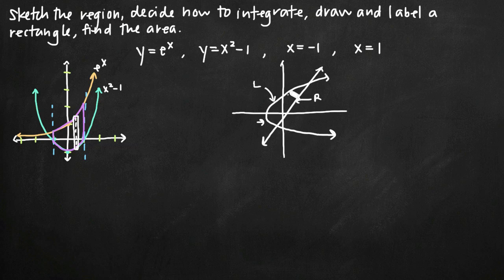In the case of a left and right curve, we draw a horizontal rectangle like this. So we draw a rectangle, and then when it's vertical, we want to label its height and width. Well, the width of it this way will be delta x, versus like this, the width of it would be delta y.